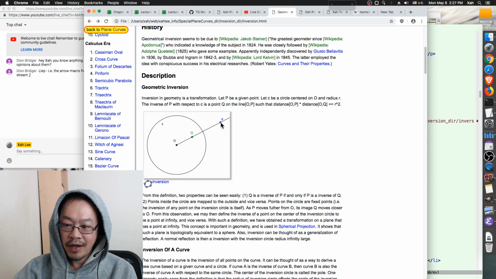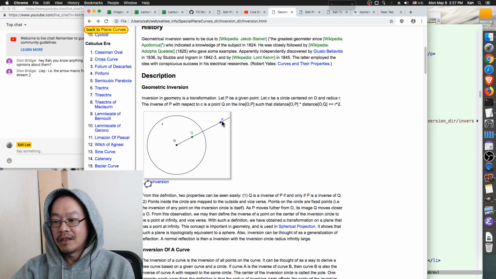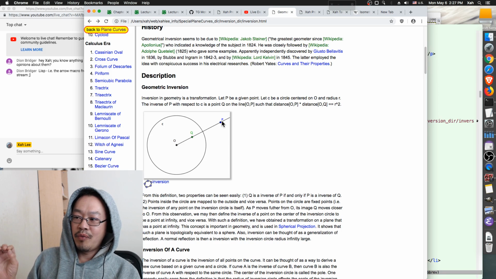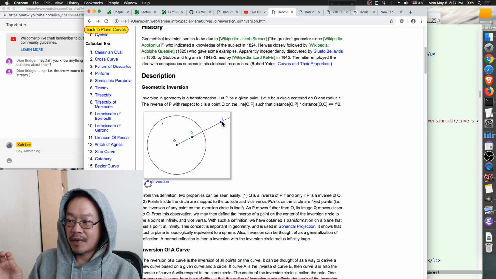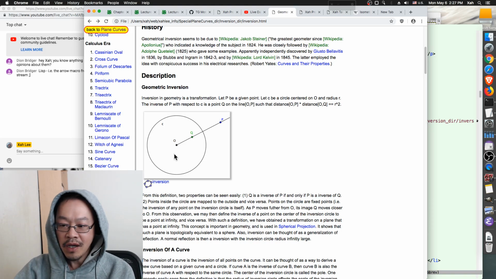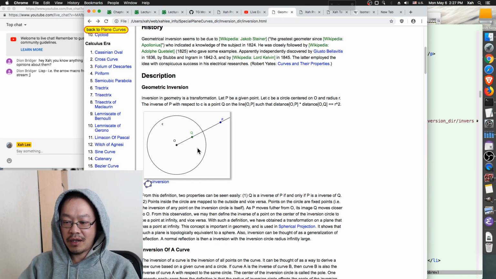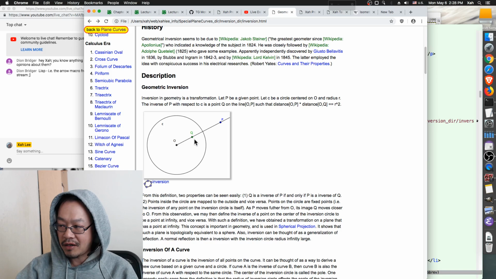Now suppose you have a point P in the plane somewhere. Now we want to know where P lies after the transformation, after the geometric inversion. So again, remember geometric inversion is always with respect to a given circle.